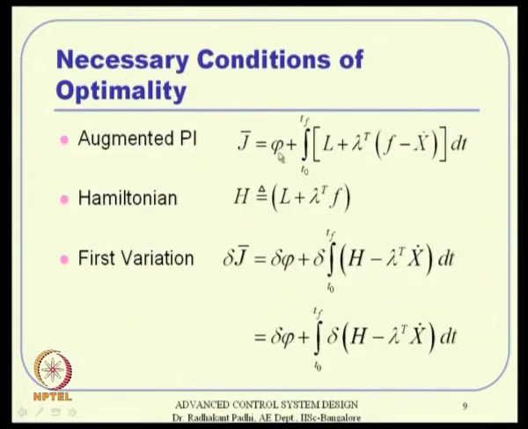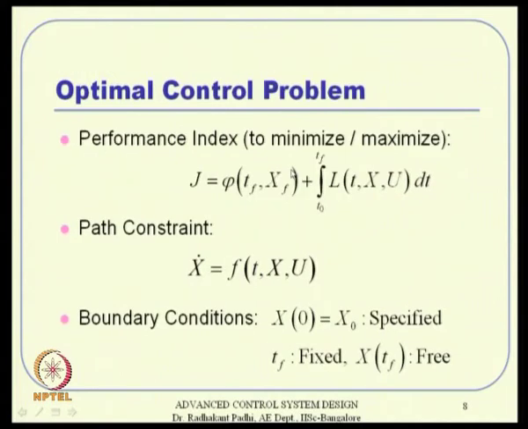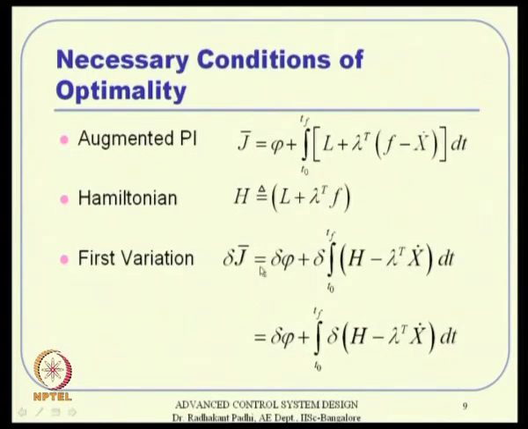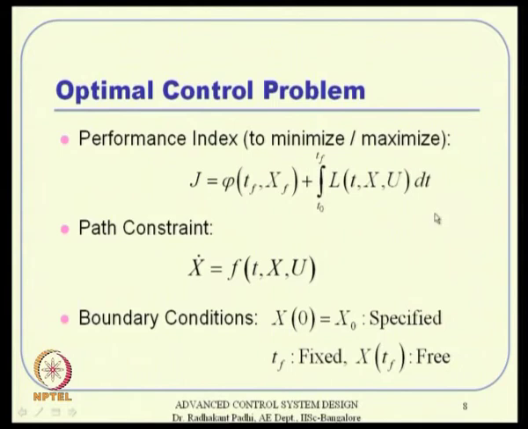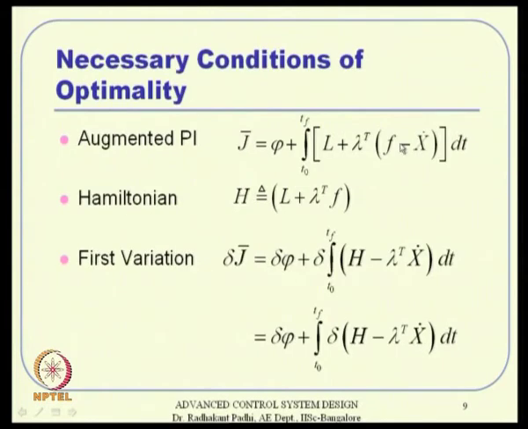And for the sake of simplicity I am dropping the arguments. So, j bar is nothing but phi plus the integral of L plus lambda transpose times f minus x dot. Remember f minus x dot equal to 0 is the path constraint. Now, for further simplicity, the derivative independent term, L plus lambda transpose f, we will define as the Hamiltonian.